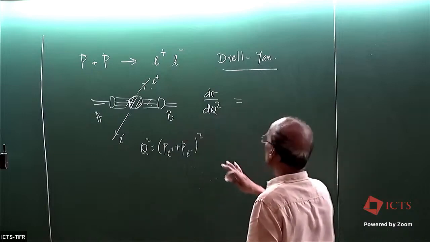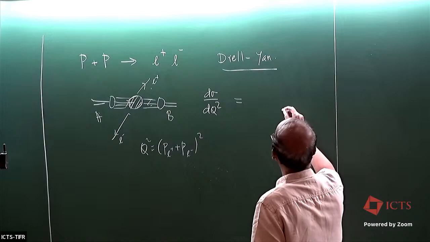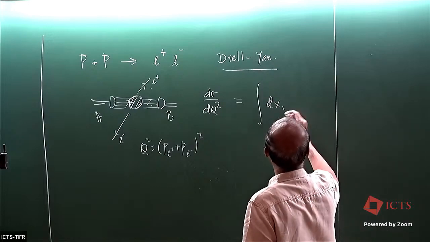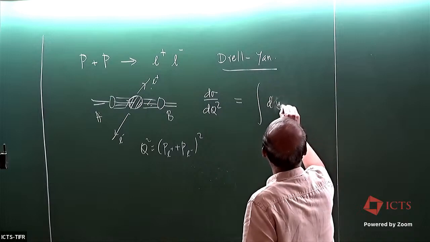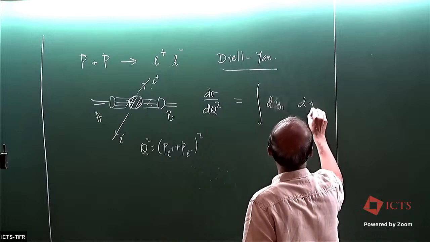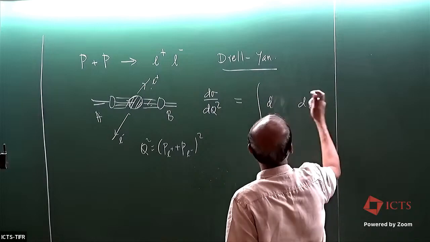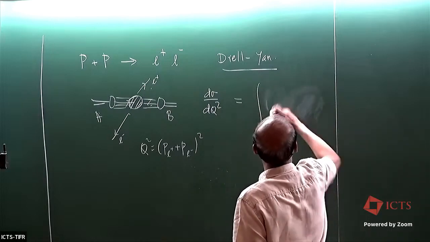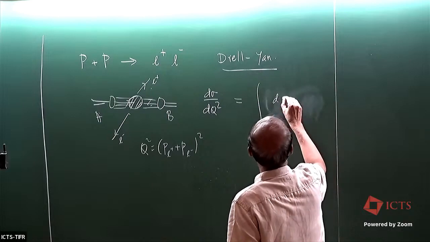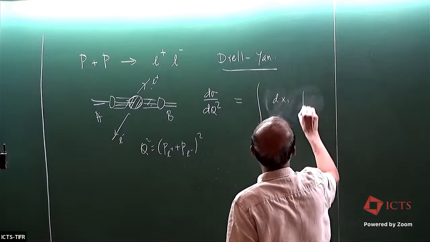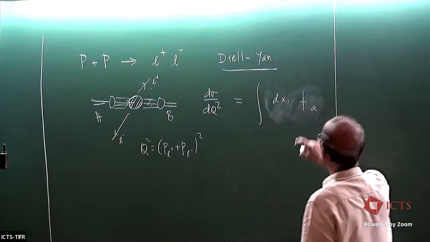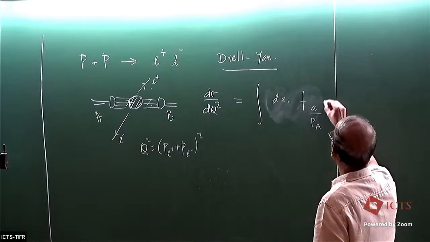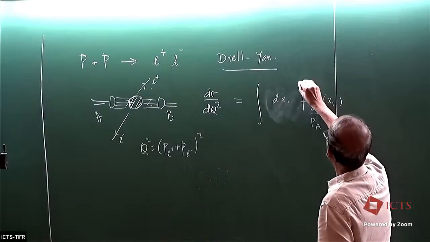Note that because there are two protons, you need to have two parton distribution functions. Let's put integral dx1 f_a(x1), the parton of type a in proton A with momentum fraction x1.